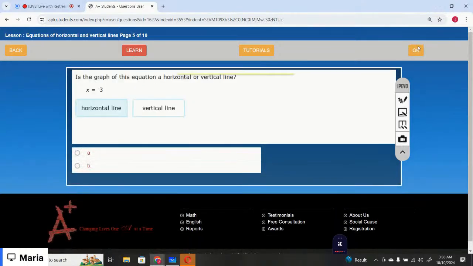Is the graph of the equation a horizontal or vertical line? X equals negative 3. So which is the option?